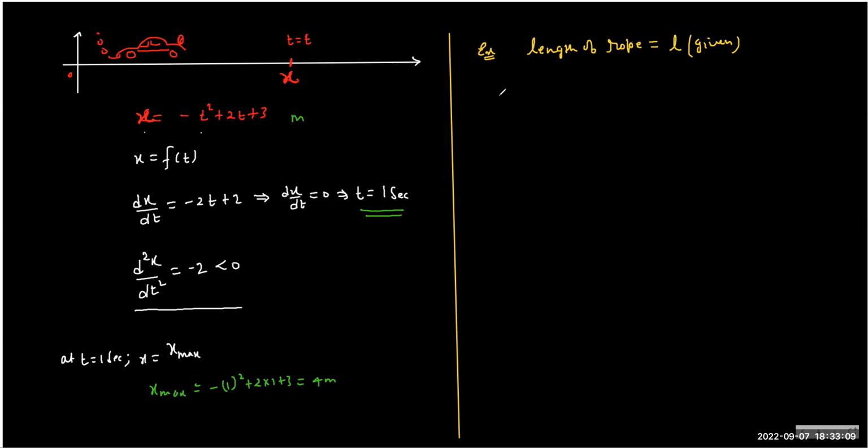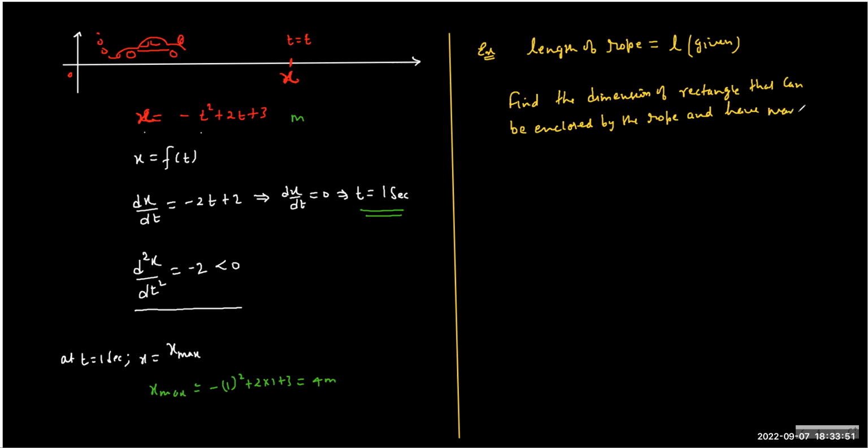Okay. So find the dimension of the rectangle that can be enclosed by the rope and have maximum area.